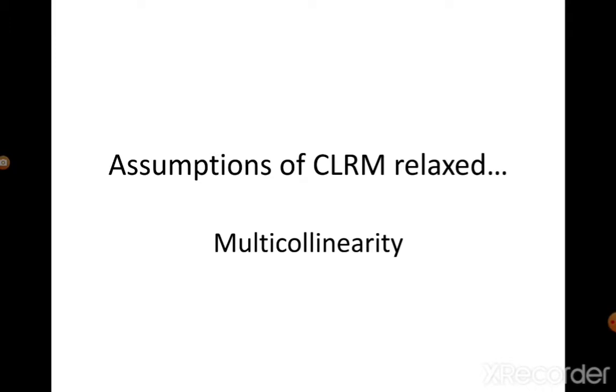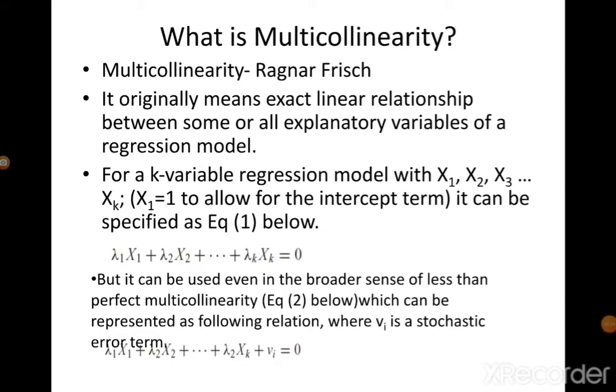If there is some degree of linear relationship or dependency between different x variables of our model, we call it multicollinearity. Okay. This term was originally coined by Ragnar Frisch.